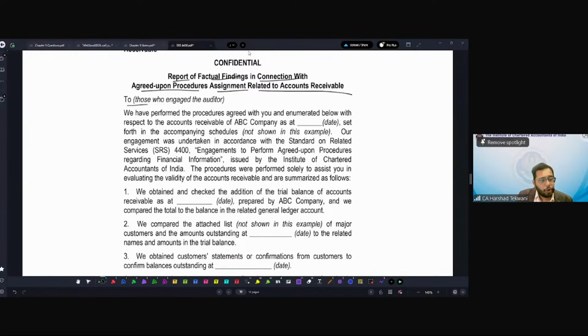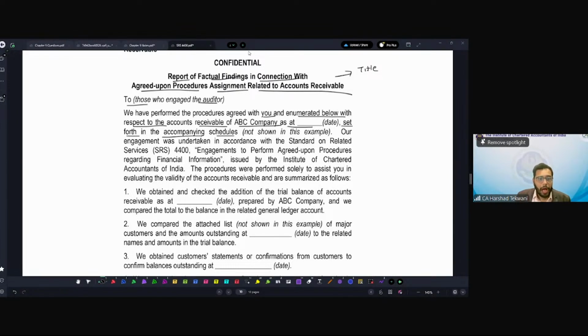So this was the title. See, the word independent is not mentioned. Now, whosoever has appointed us, his name will be there over here. We have performed the procedures agreed with you enumerated below with respect to the account receivables of ABC company as at this particular date set forth in the accompanying schedules.